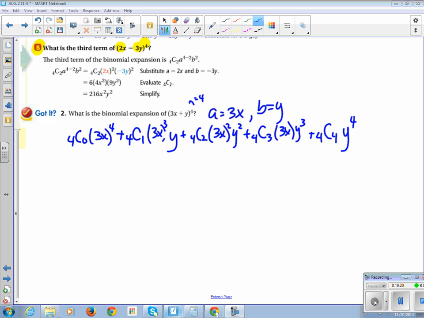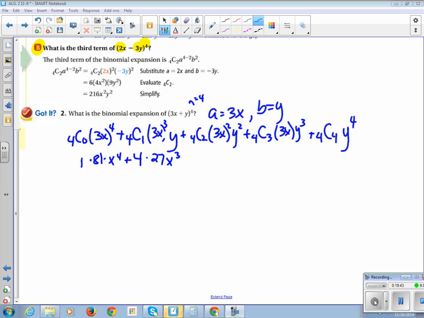All right, when you calculate all these combinations, you get 4 choose 0 is 1, times 3 to the 4th power is 81, times x to the 4th. 4 choose 1 is 4. 3 to the 3rd power is 27.